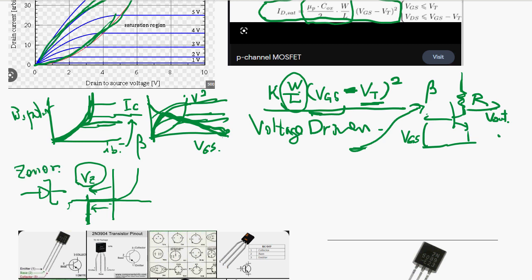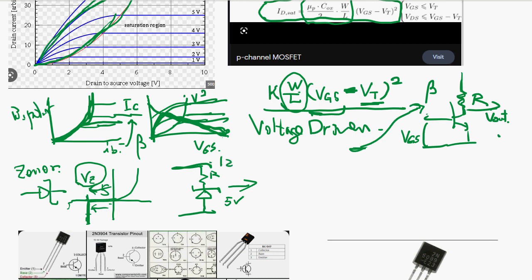The way you use a Zener diode is in the reverse direction. If the Zener diode is made for, say, 5 volts, then pretty much its voltage becomes fixed at 5 volts.